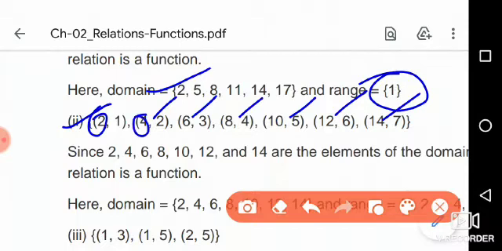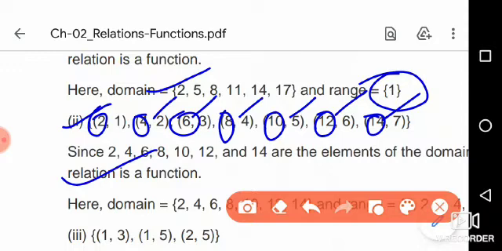Since 2, 4, 6, 8, 10, 12 and 14 are the elements of the domain, and they have unique images in the codomain, this relation is a function. In this case, the domain elements are 2, 4, 6, 8, 10, 12 and 14, and the set of images is 1, 2, 3, 4, 5, 6, 7.